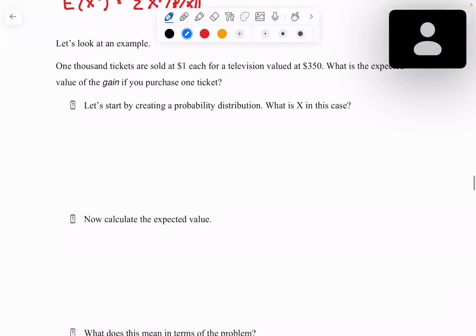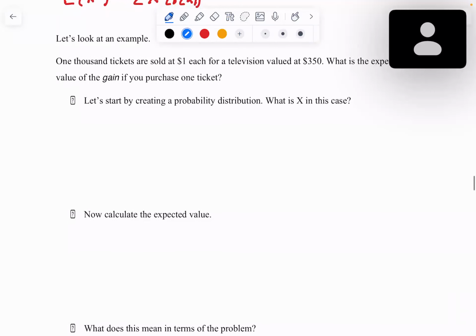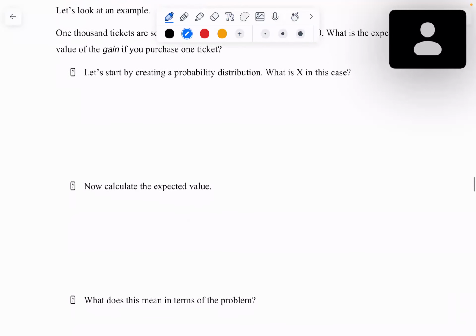So you first want to create the probability distribution for x. So we first want to let x be the money gained from buying one ticket. So we need to figure out what are the possible values of x.